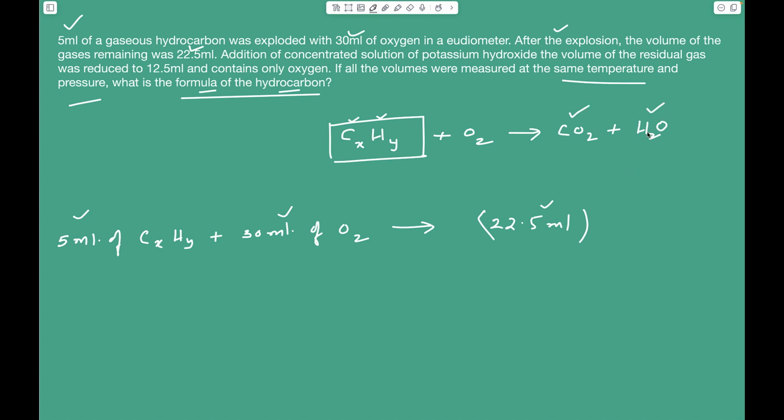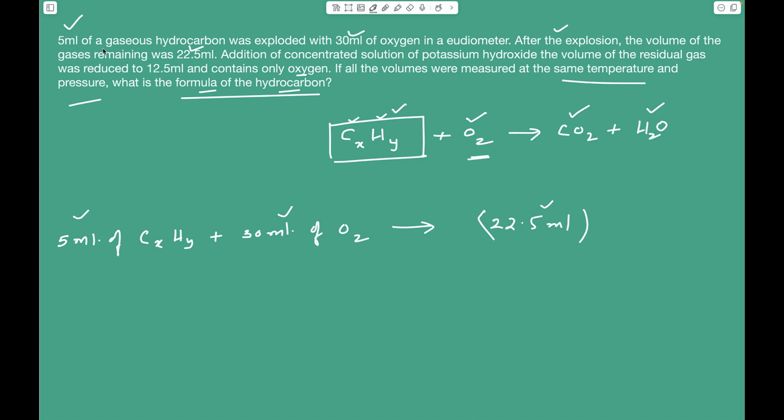And in addition to these two, there may be some leftover oxygen or this hydrocarbon. And it is given that on addition of this concentrated solution of potassium hydroxide, the volume of the residual gas was reduced to 12.5 ml and contains only oxygen. So obviously there is some leftover oxygen.